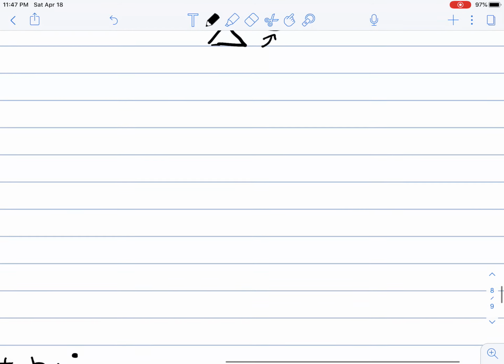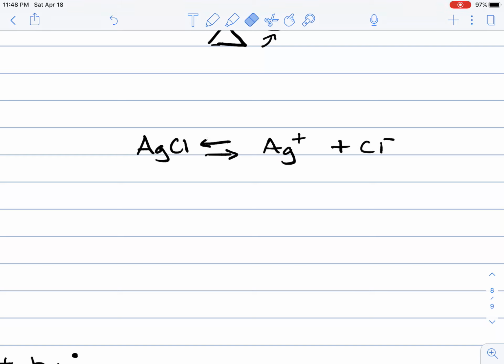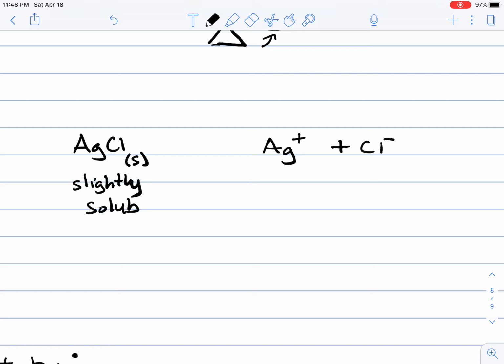So let me clarify that. I'm just going to go ahead and redraw this once again. So here we have AgCl, and we have Ag plus Cl minus. And I'm actually going to redraw my arrows to be a little bit more accurate with what's going on here. So remember that silver chloride is an insoluble or slightly soluble substance. Slightly soluble, mostly insoluble.